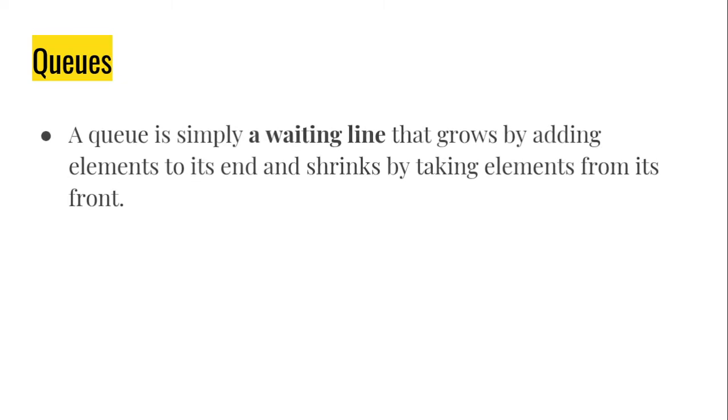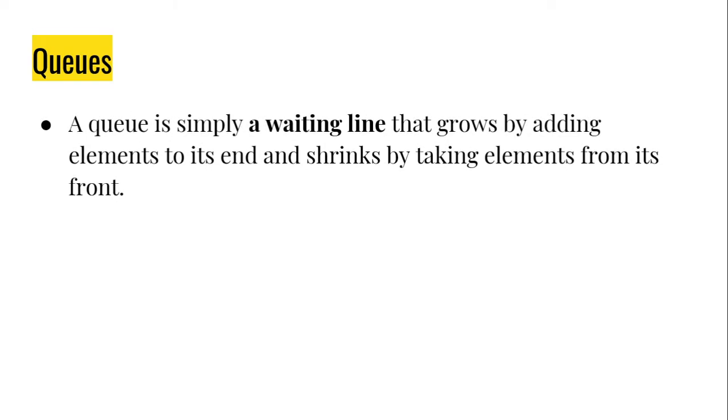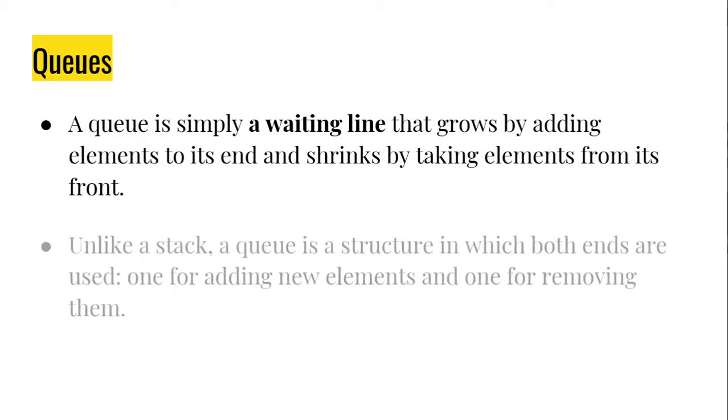So queue is basically a common term for forming a line of objects or elements or even people. It grows by adding objects or elements to its end, and it can be shrunk by removing those objects or elements from the front of the list.